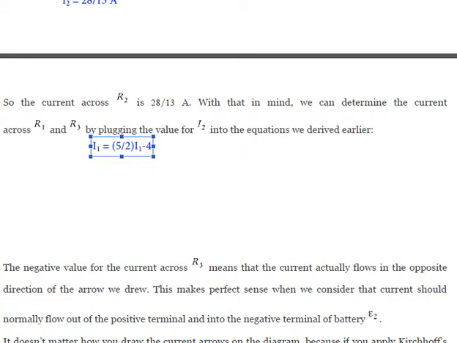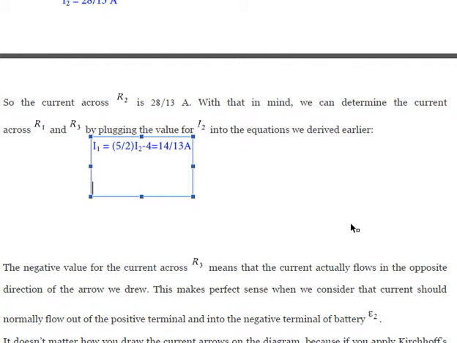Oh, sorry. Oh my gosh. How do you guys learn anything with me making all these mistakes? Alright. If we plug in the 28 over 13 in here for I2, we'll get that I1 is 14 over 13 amps.